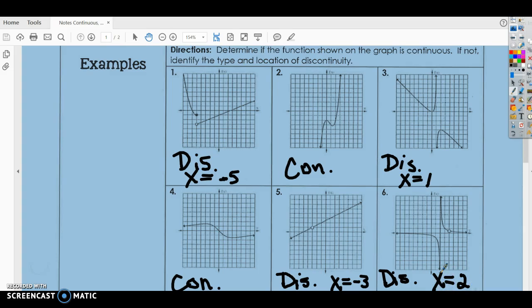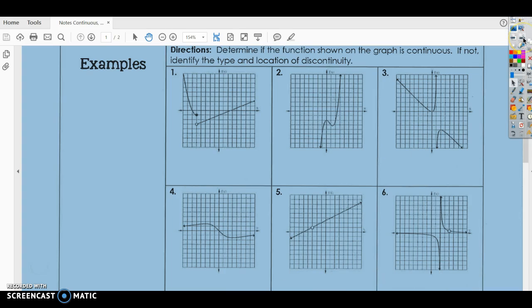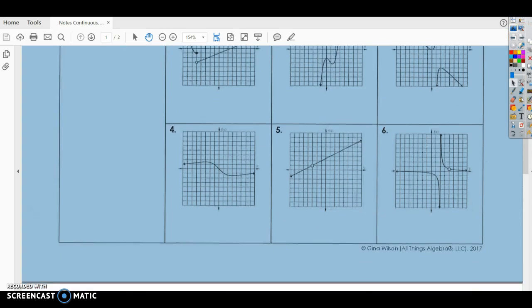And it has a removable point at 1, 2, 3, 4. So it also has a removable point at x equals 4. Okay? All right, so the main concept here, is it continuous or discontinuous? Now, if you have to pick up your pencil, it is discontinuous. All right, moving on.